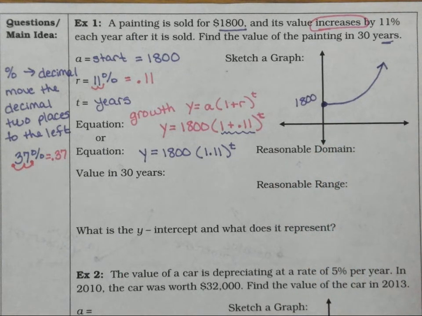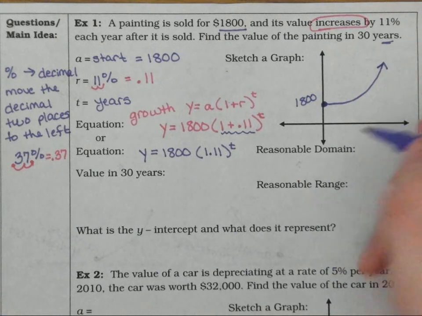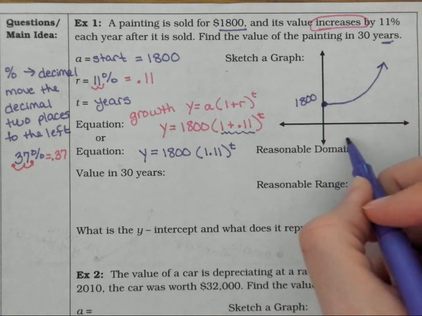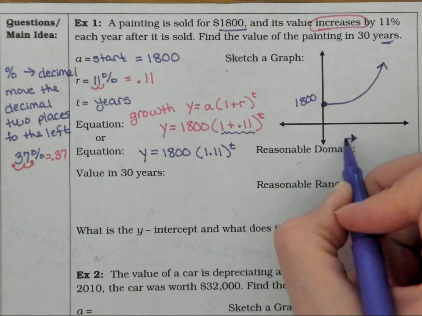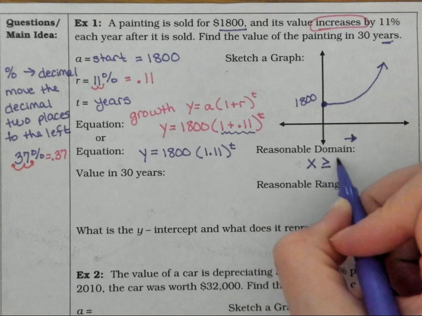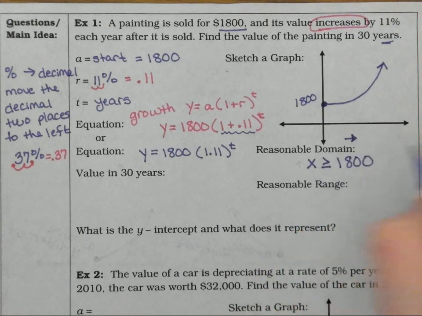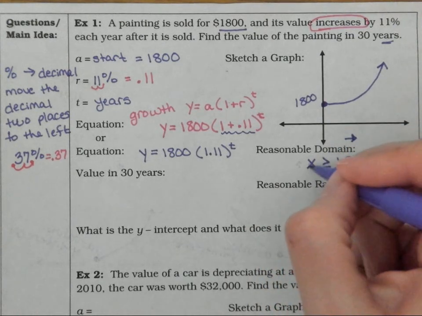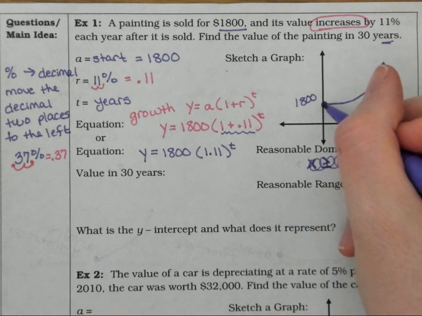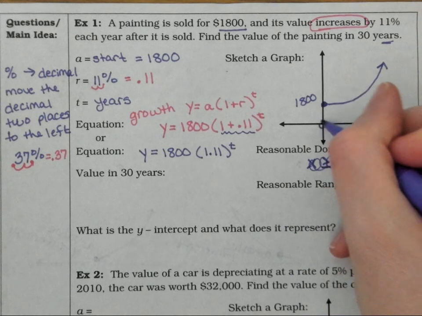And that's my sketch. So my reasonable domain would be my x values, but my x only goes to the right forever, and it starts at 1800. So my x this time is greater or equal to 1800. Oops, sorry. My x is the 0.